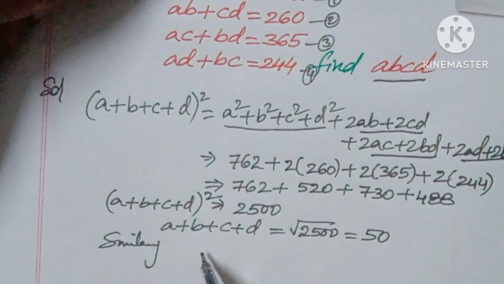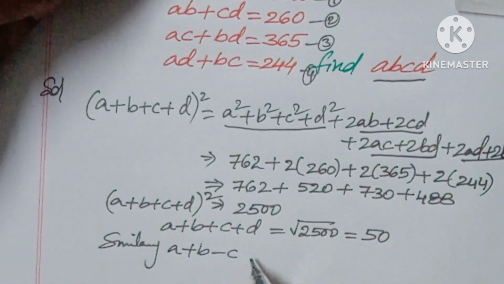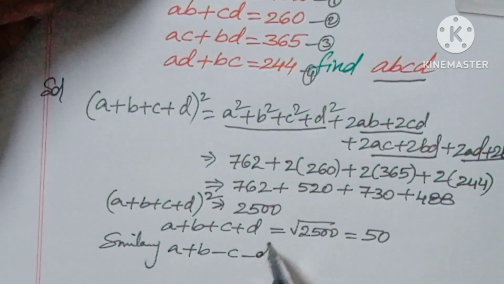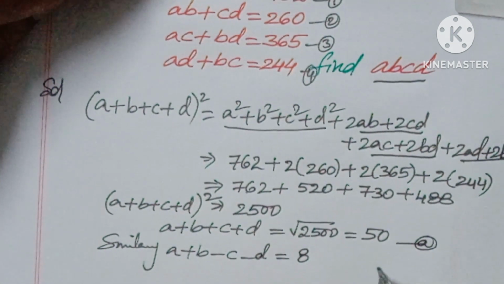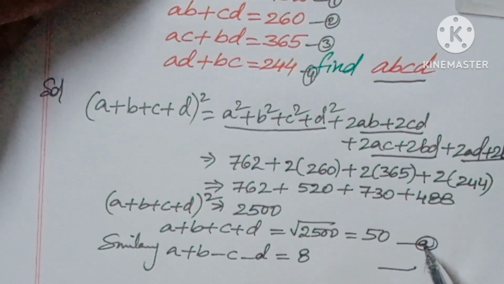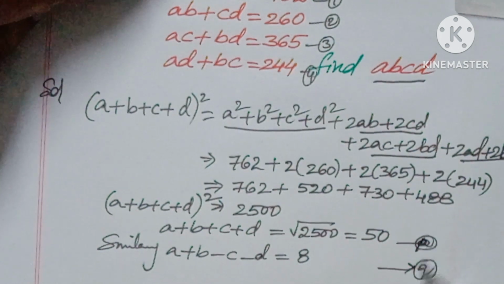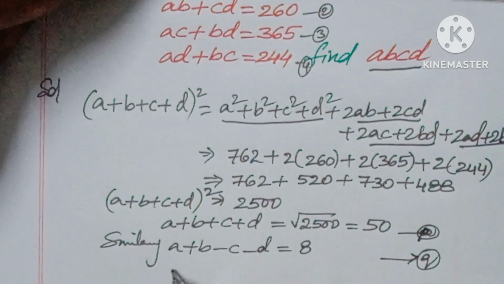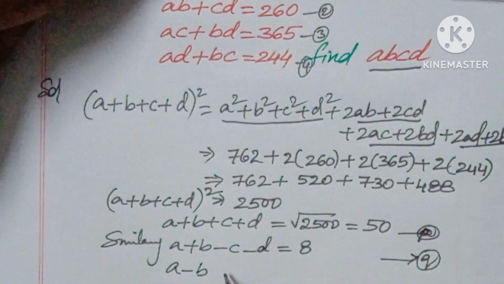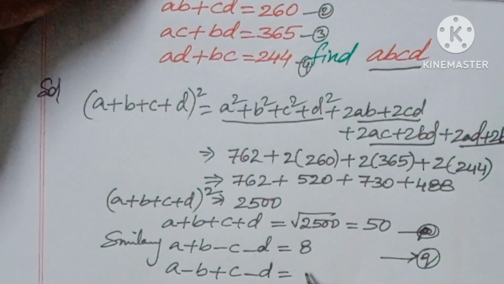Similarly, you can write a plus b minus c minus d, you will get 8. Let it be p. The second, let it be q, and a minus b plus c minus d is equal to 22.